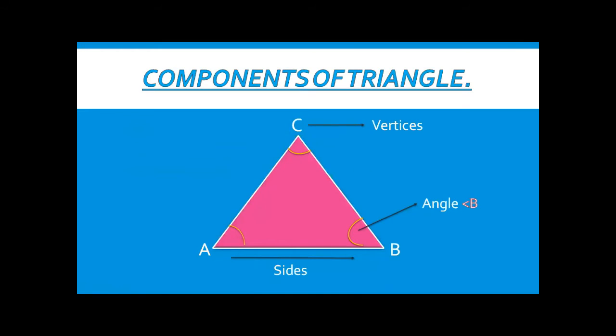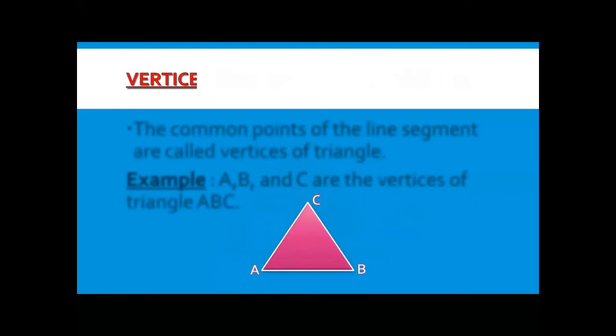Now, the components of a triangle: how many components does a triangle have? There are three basic components of a triangle: sides, angles, and vertices. Now, one by one, I am sharing what the vertices of a triangle are.